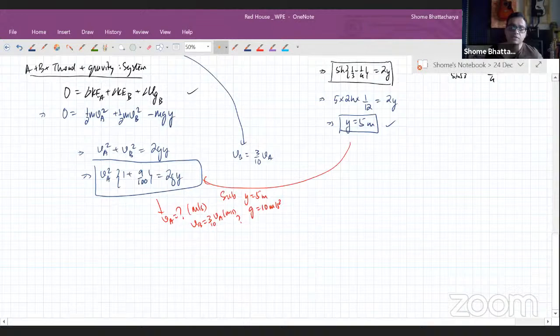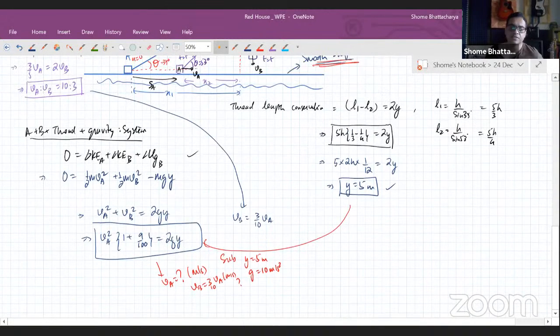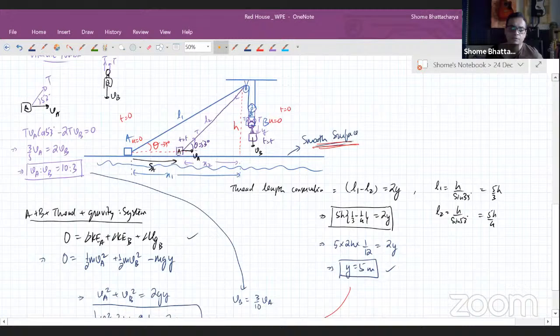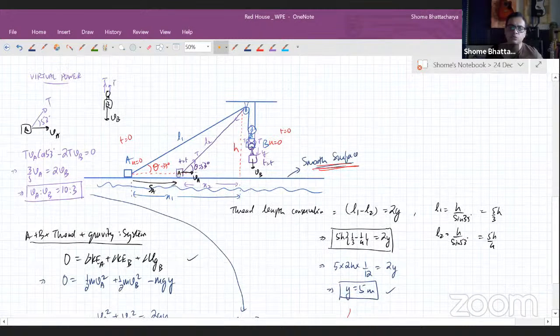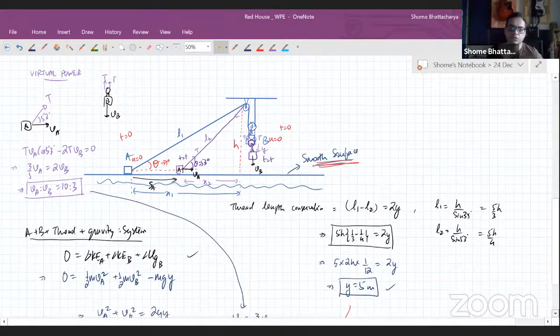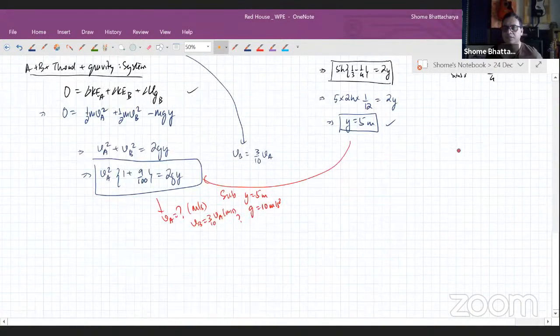We have done a question like this about the initial acceleration earlier in Newton's laws of motion, and we saw that we can calculate the initial acceleration only at the instant when VA and VB are 0, because you have this general relation that VA cos theta is equal to 2 VB.